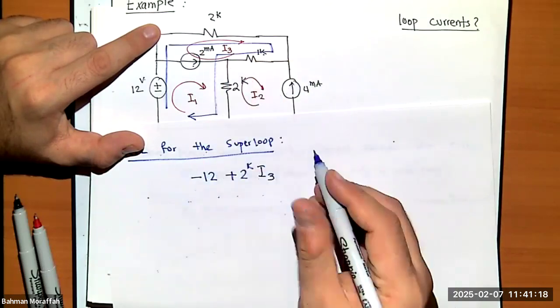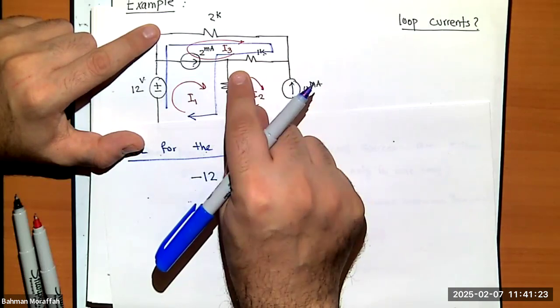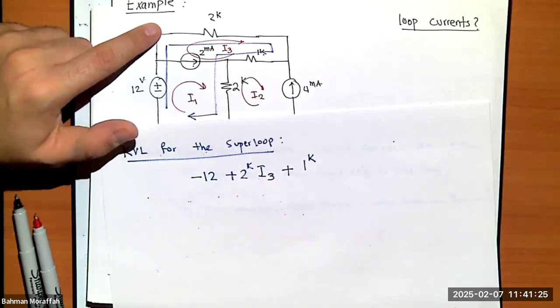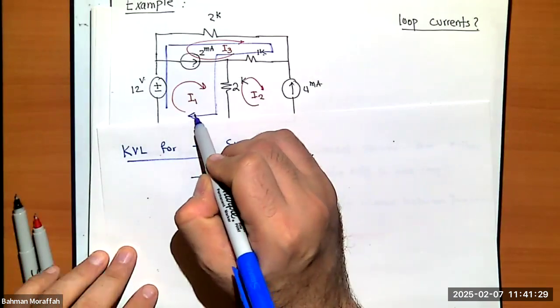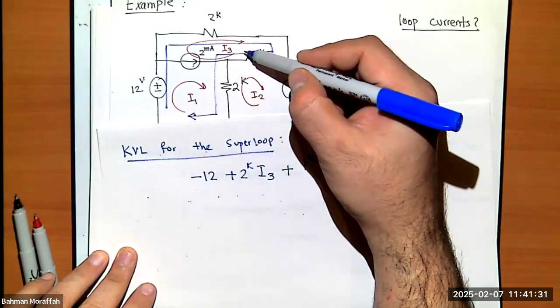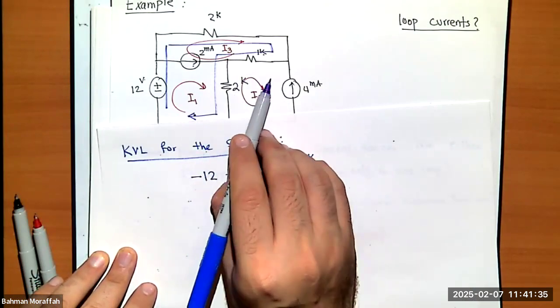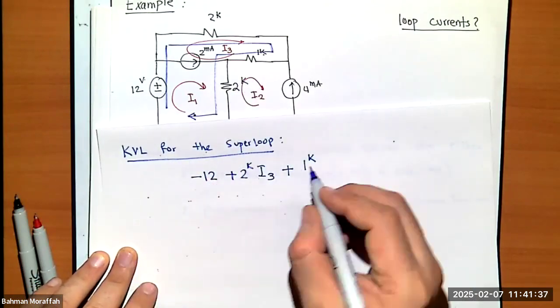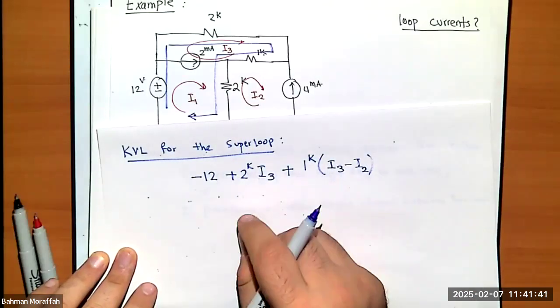I'm going to go here, plus 1K times the current through it. What is the current through this guy? Remember, the direction of the super loop is this. I3 is the same direction. I2 is opposing them. It's the opposite direction. So what is the current through it? It's I3 minus I2, right?